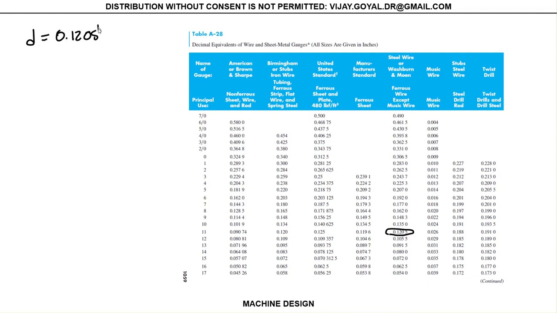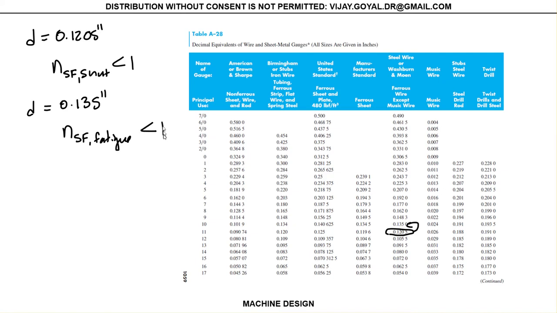When we do this analysis, we find that your factor of safety in shear, given the whole detail in the handouts, is less than 1, so it's not acceptable. So I need to keep on moving up. I go to another one up, and I ran many different iterations. You can show that your factor of safety in fatigue is actually less than 1.